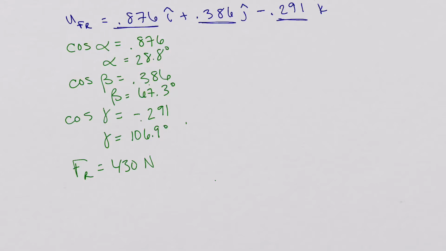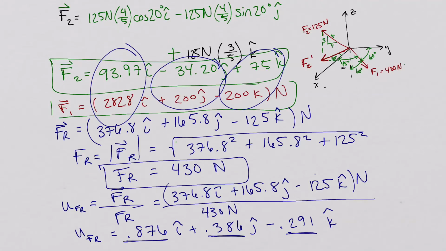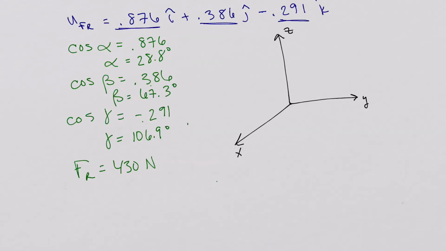So let's go ahead and draw our axes. So we have X, Y, Z. We know that the angle to the x-axis is going to be 28.8 degrees. Actually, it may be a little bit easier. Actually, I may do it just based on this equation. So 377 I. Let's see, what's the biggest one? Yeah, that's the biggest one. So each of those in about 100.